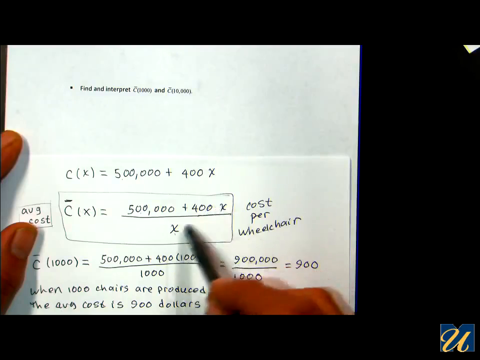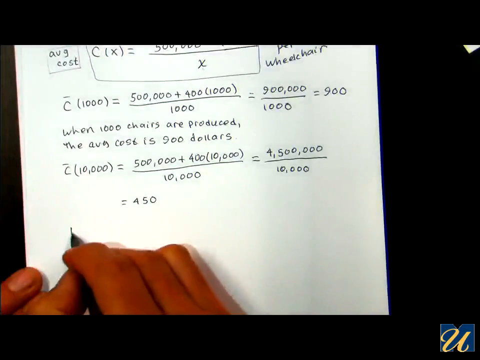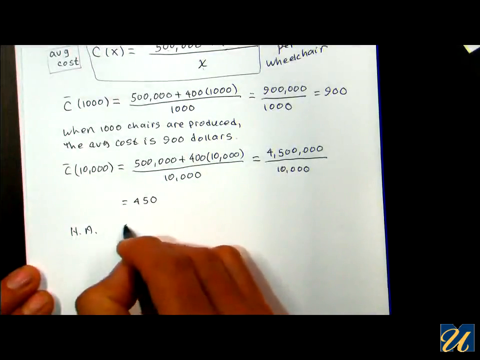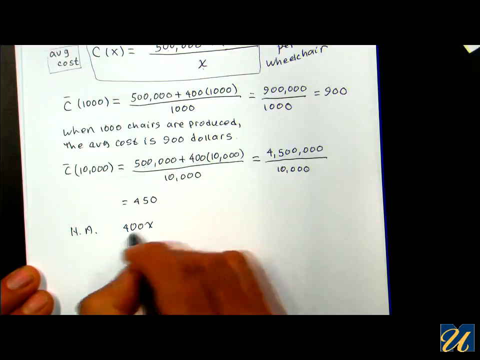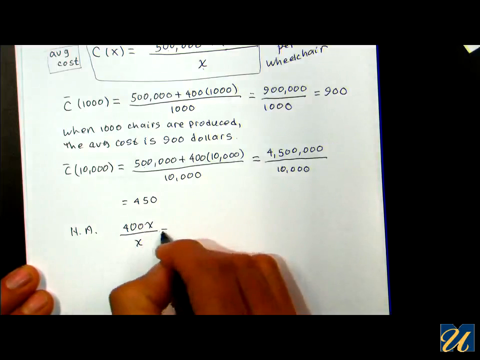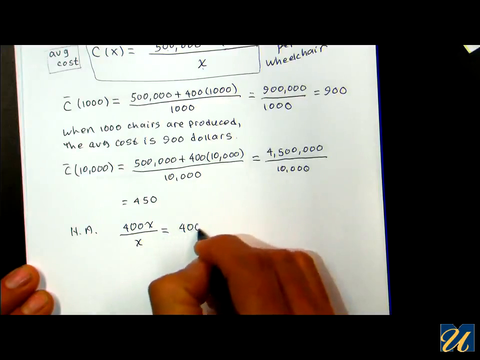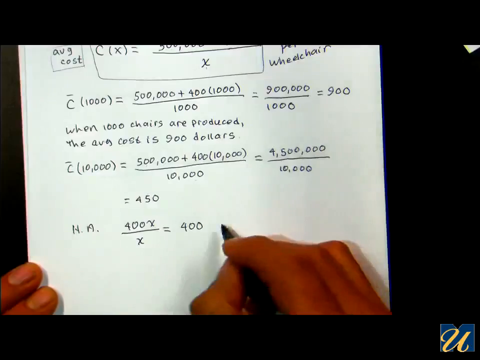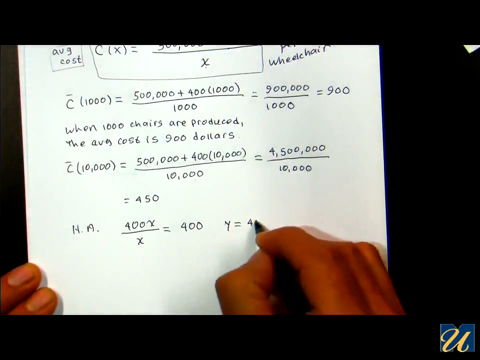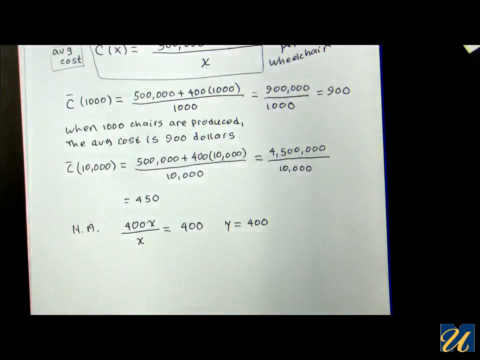So 400x divided by x yields 400. So that's your horizontal asymptote: y equals 400.